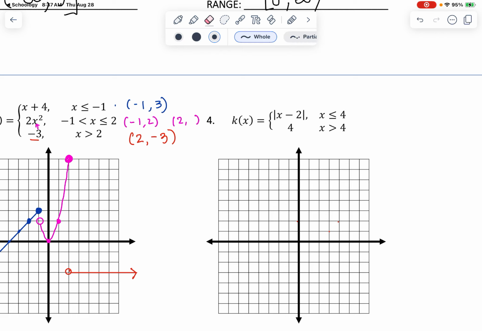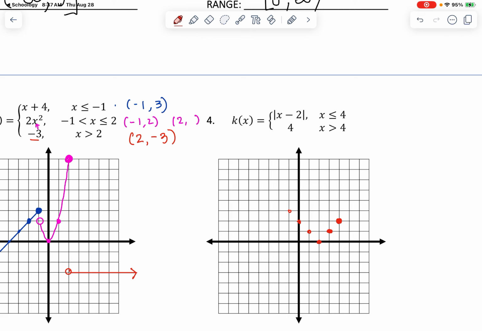Or you can plug in 4 and see what that point is, right? So plug in 4, 4 minus 2 is 2, the absolute value of 2 is 2. So I have a closed point at (4, 2). Plug in 3. 3 minus 2 is 1. The absolute value of 1 is 1. And I'm going to the left because x value is less than 4. And then I plug in 2, I get 0. I plug in 1, I get 1. And then there's your V shape.